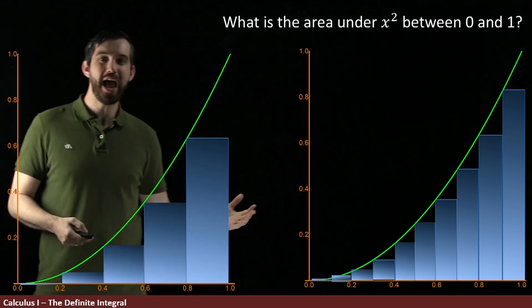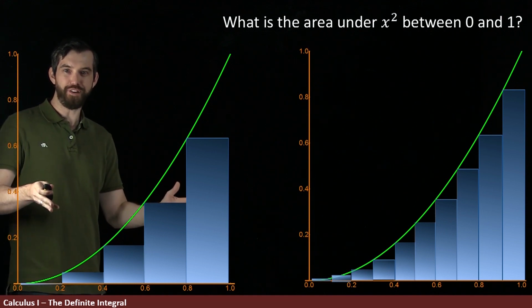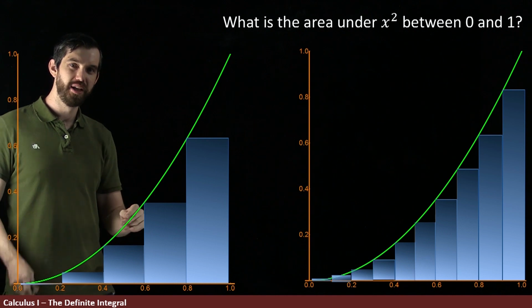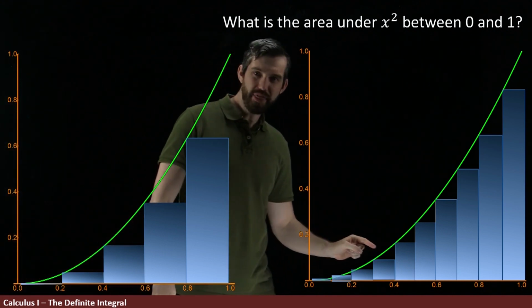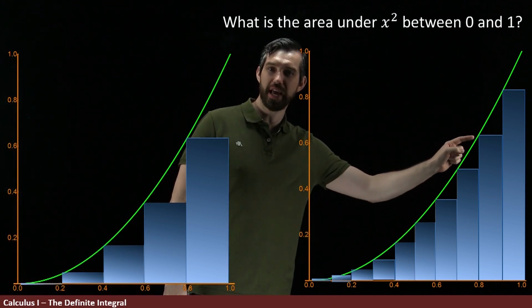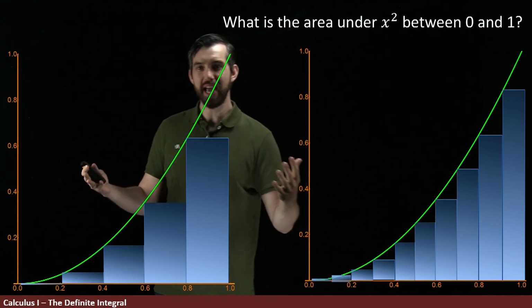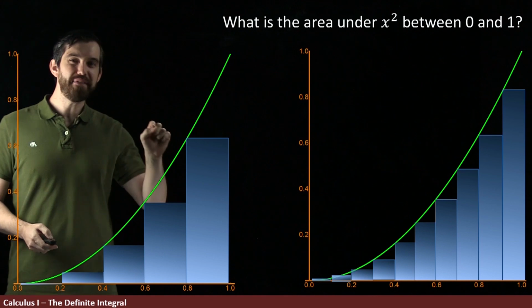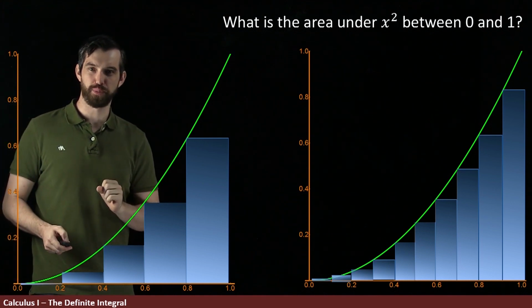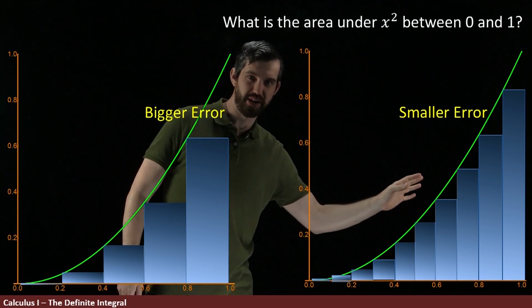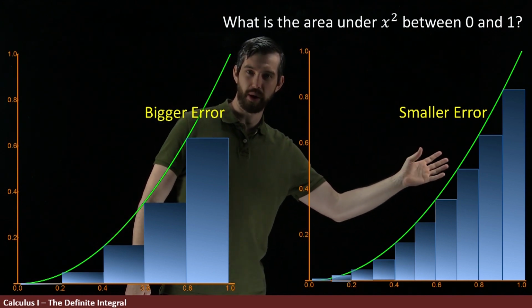Indeed, if we show what we had before, this was the case with 5, and you notice that there are these big gaps. There's a big gap here, here, here. But when I use 10, yes, there are gaps, but they've gotten definitely a little bit smaller. So I think the lesson that we can take from this is that when we have a smaller number of rectangles to approximate, we get a bigger error, and when we have a larger number of rectangles, we're going to have a smaller error.